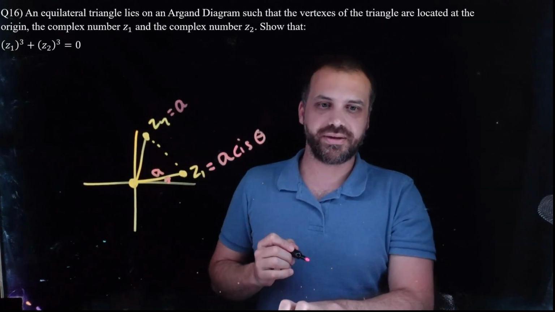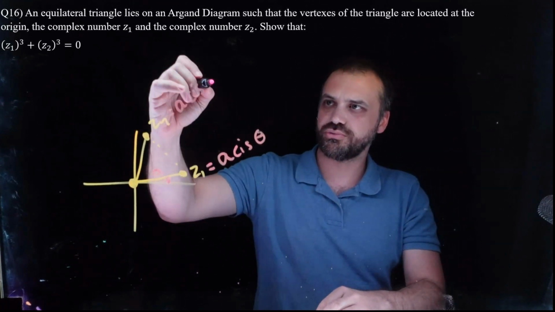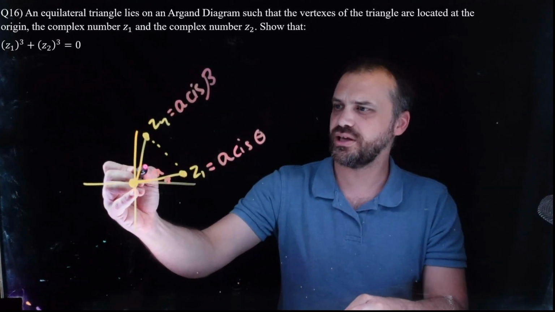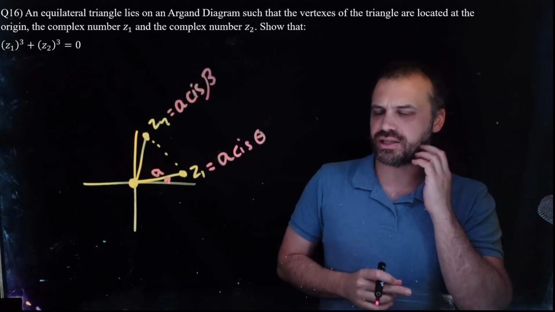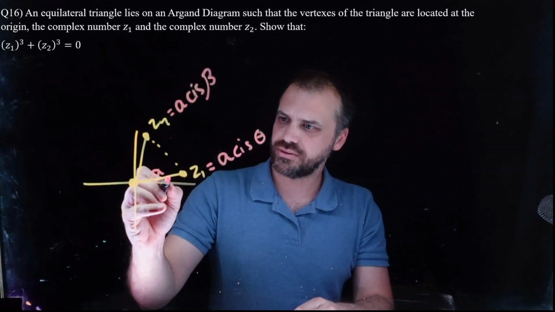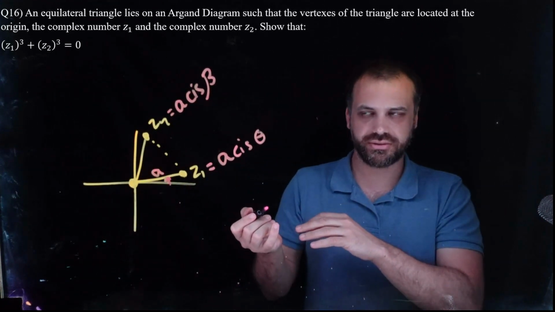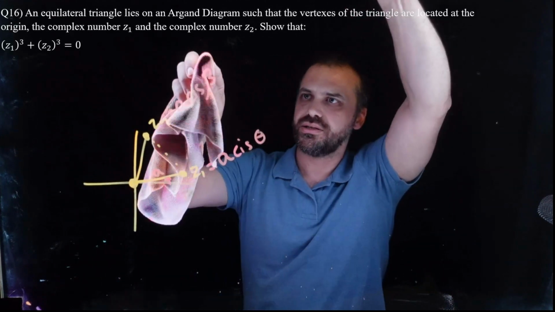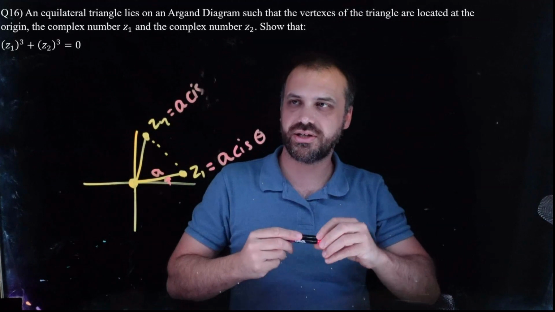Same magnitude, A. Cis. Now, we could just write it as A cis beta, right? And say that's that angle there. But by drawing this picture, hopefully you can see that this angle and this angle are related to each other, right? It's not cis beta, it's cis theta plus an extra 60 degrees.